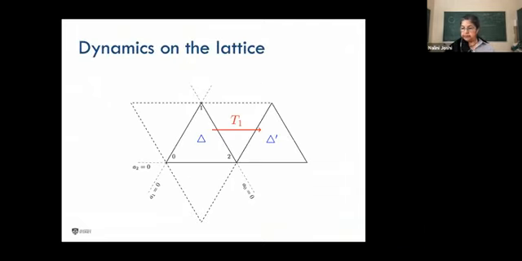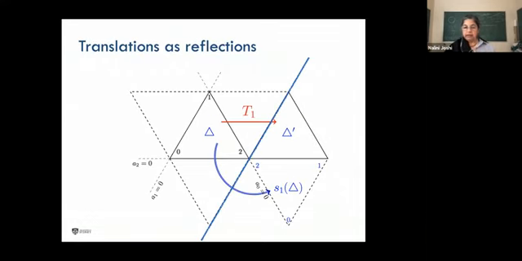So the dynamics of the lattice now can be worked out just by using those reflections. So the way to do that is to realize that the initial triangle that I started with, which I've now labeled as delta, reflects across the spine of this diagram like a butterfly's wing onto the other side as S1. So this is the S1 image of that triangle.